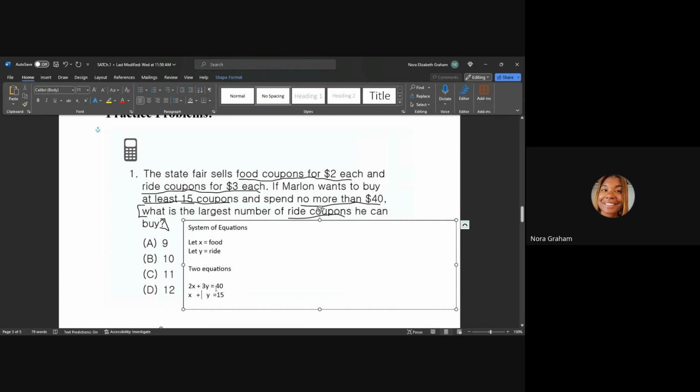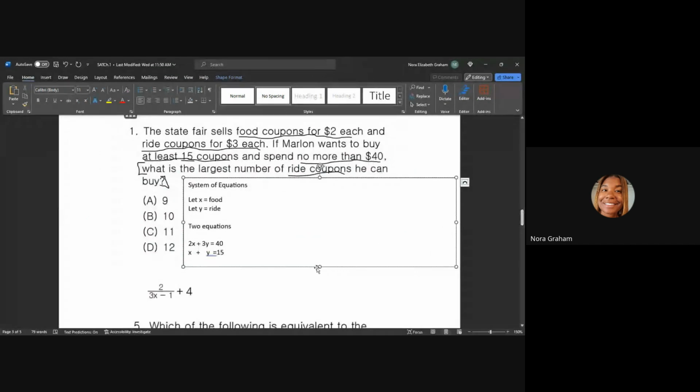So now that we set up our two equations, of course, next we want to solve. To solve these two equations, we're going to use the process of elimination. Now, again, I'm doing this mathematically. So if you don't remember your systems of equations, don't worry. I'm going to go over that whole chapter and we'll learn them together.